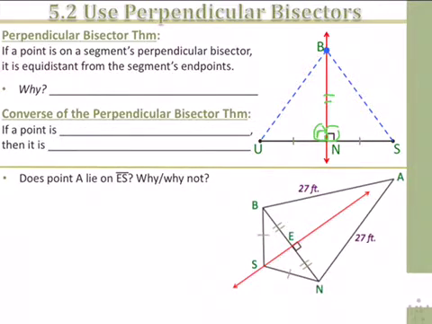So this whole left triangle is congruent to this right triangle because of SAS. I could then show that these two sides, BU and BS, are congruent to each other because of CPCTC, and therefore B is equidistant from U and S.